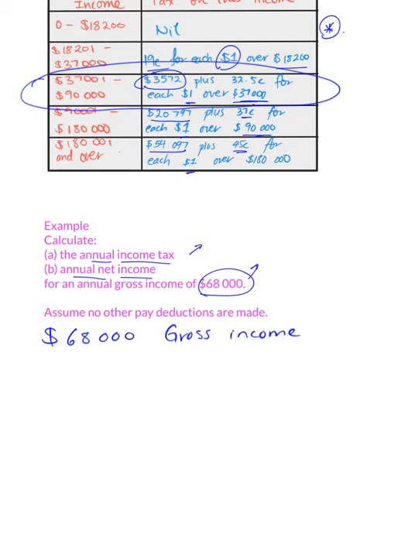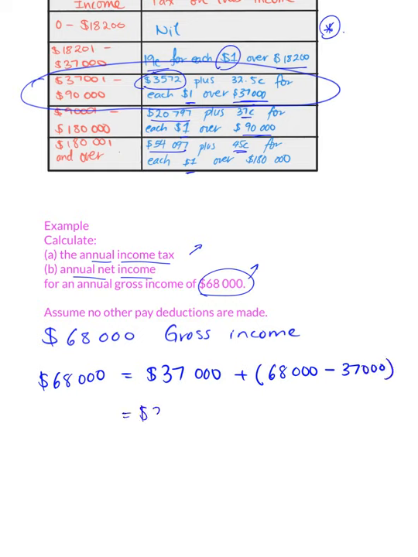So to start off with, $68,000 is going to be broken up into $37,000 plus the remainder, so the difference between $68,000 and $37,000.